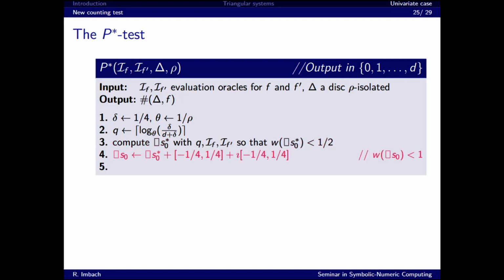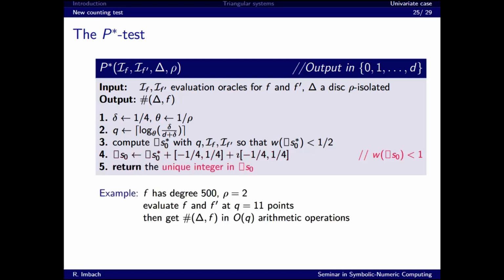And then since we know that the number S0 we want is at a distance less than a quarter of at least a point in S0 star, we enlarge this interval with this ratio, and we obtain a box S0 that has width less than 1 and that contains a unique integer. And this unique integer is the number of roots in the disk.